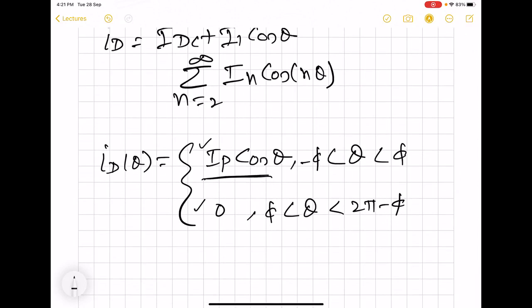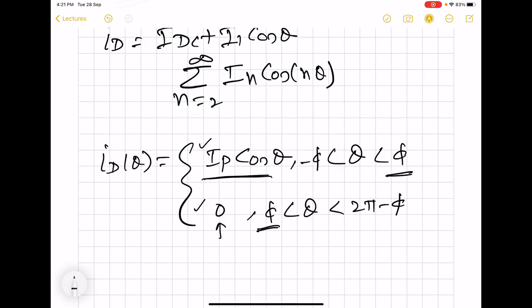Okay, so what I was pointing out is that we have written this expression for the drain current, but there is an issue here because at the phi location, these two values do not agree, because cos phi is not going to be 0, which is the function value for the second part, unless phi is pi by 2.